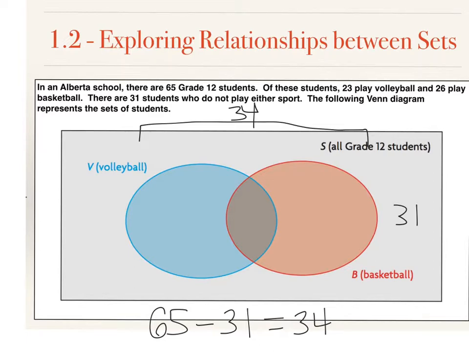Because some of them are both. So if I do 23 and 26, that makes 49, which is too many. That means some of them play both. How do I figure out how many play both? Does anyone know how many play both?